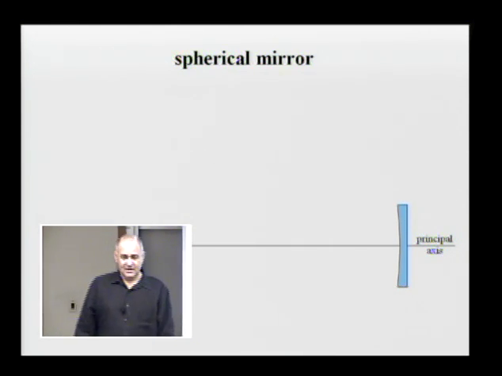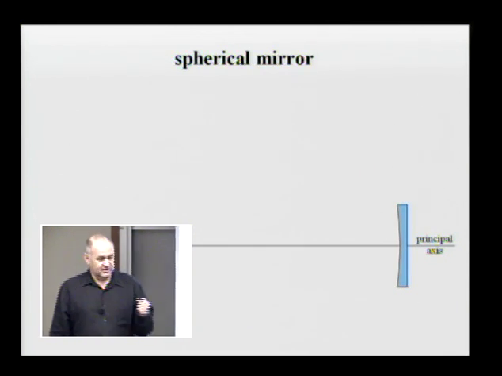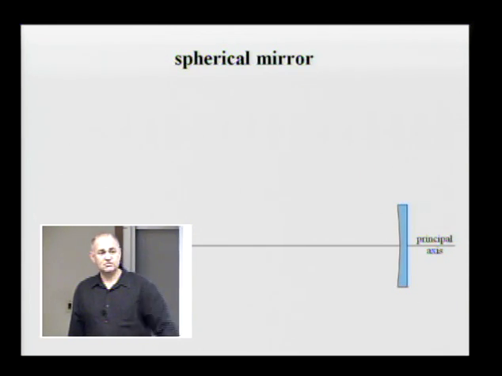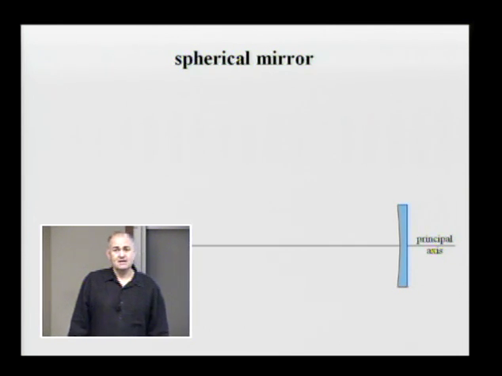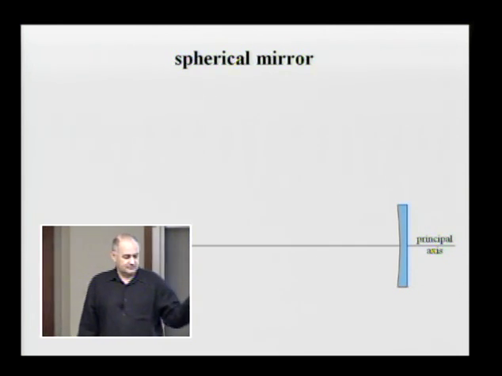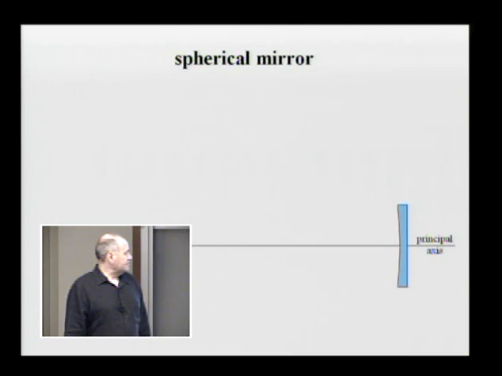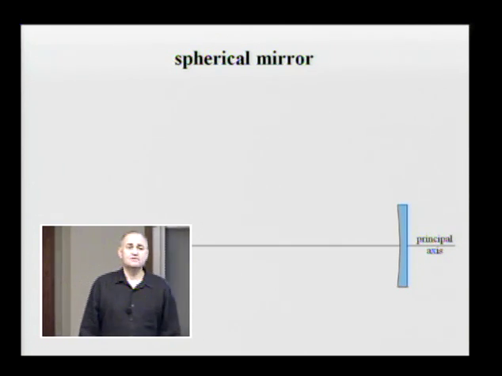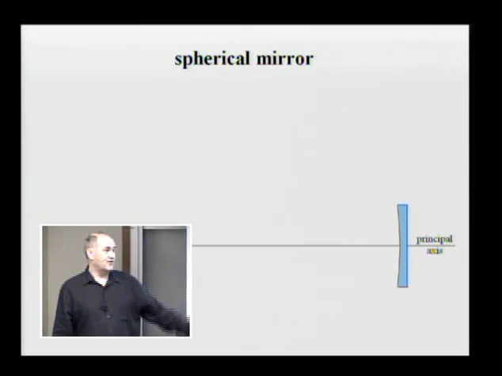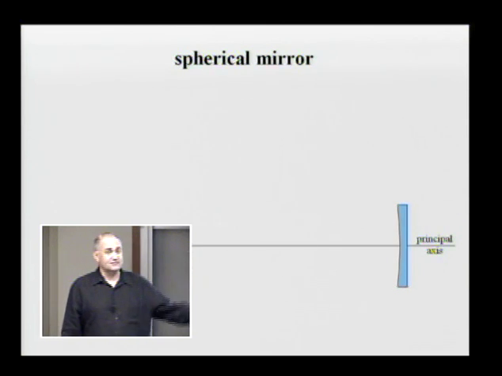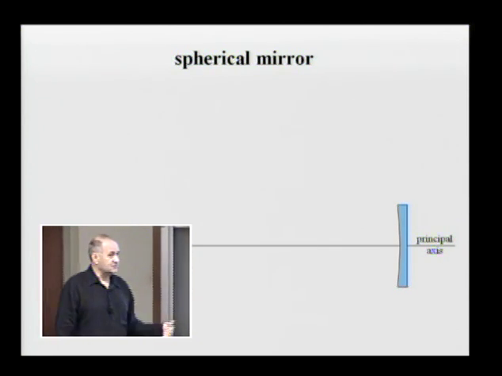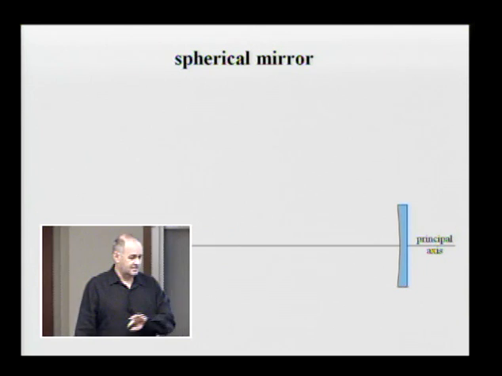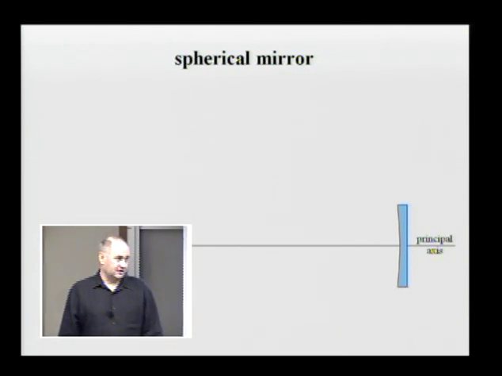Really, in order to have mirrors which produce nice images, the shape of the surface should be either parabolic, if we want to make an image of an object which is far away, in principle at infinity, and if it is closer, the shape of the surface should be elliptical.